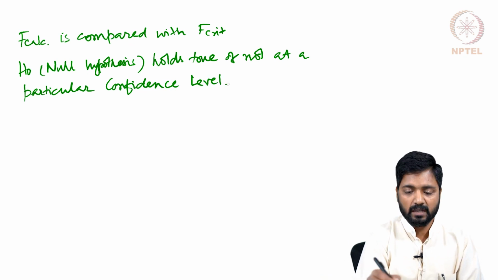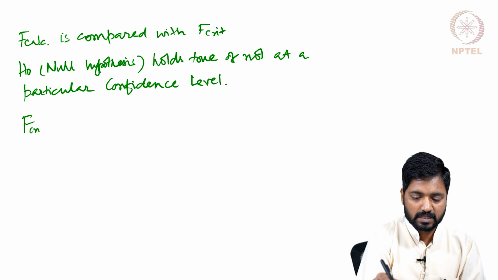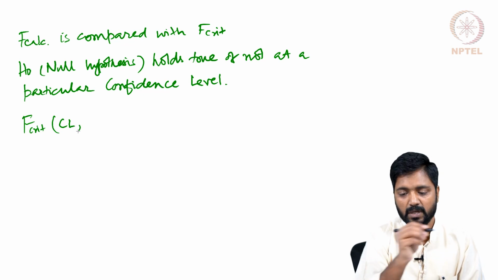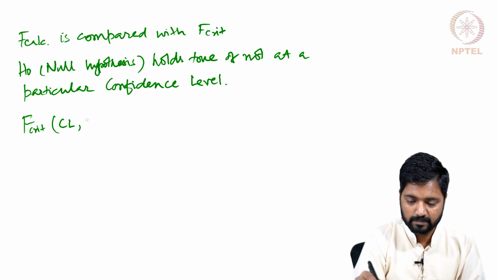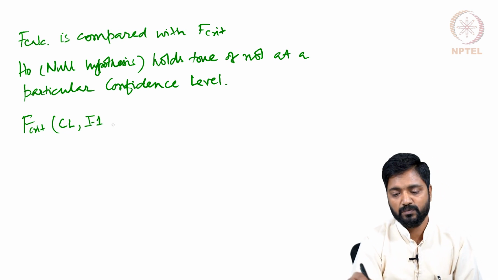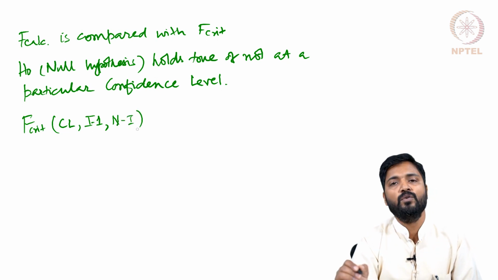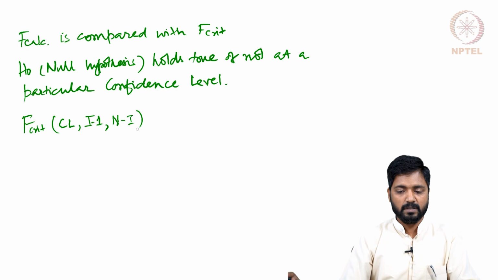Now F critical we estimate by taking into consideration the confidence level value and the I minus 1 degrees of freedom for the numerator and n minus I degrees of freedom for the denominator.